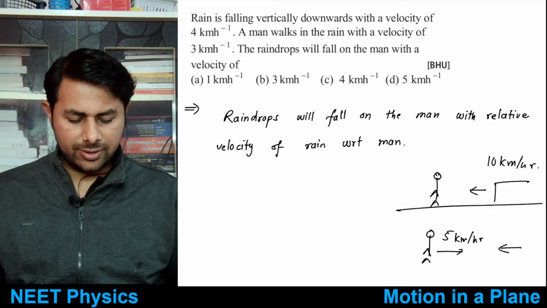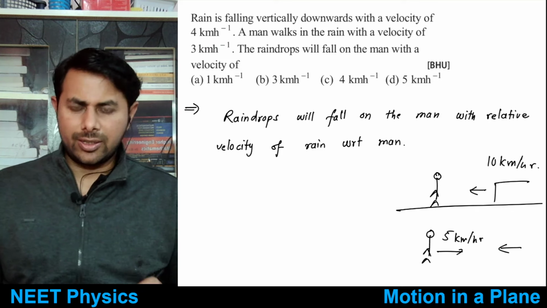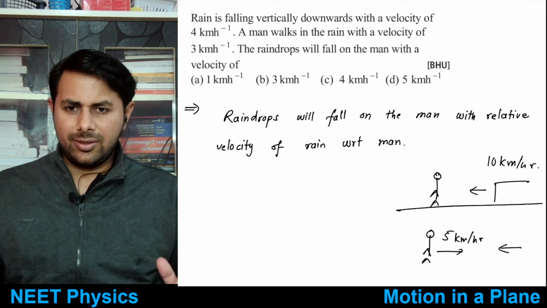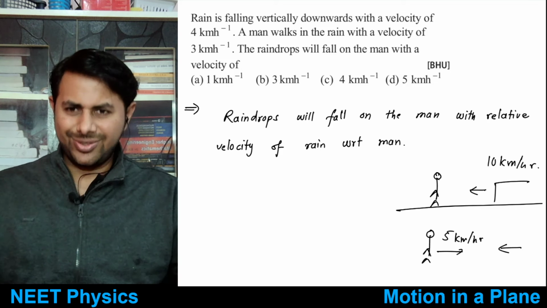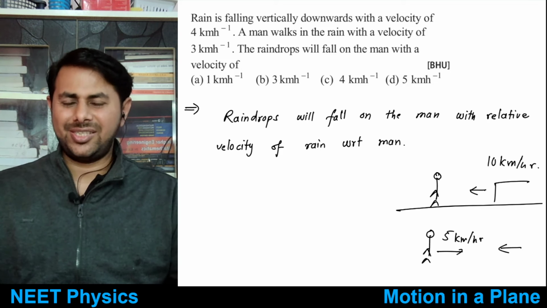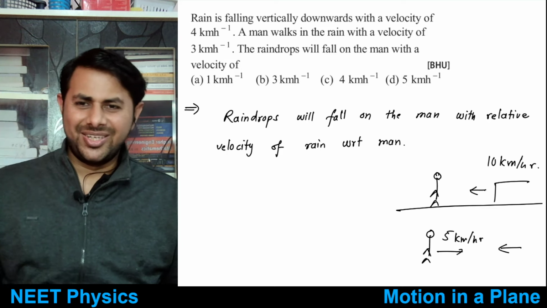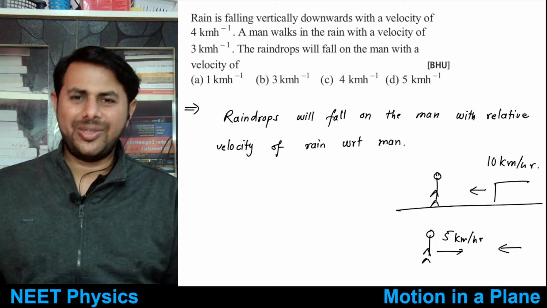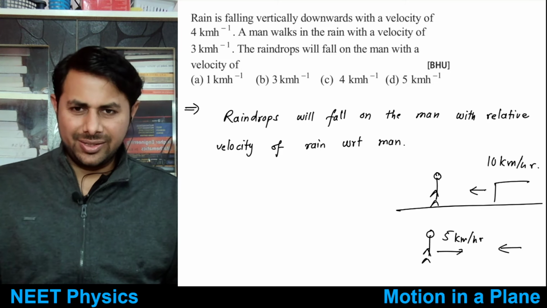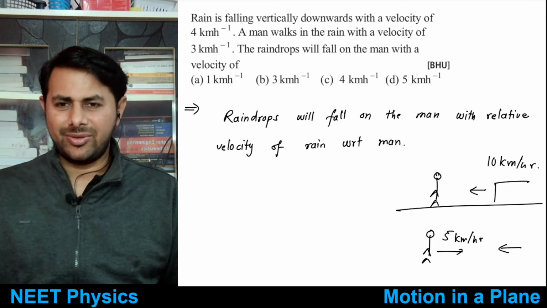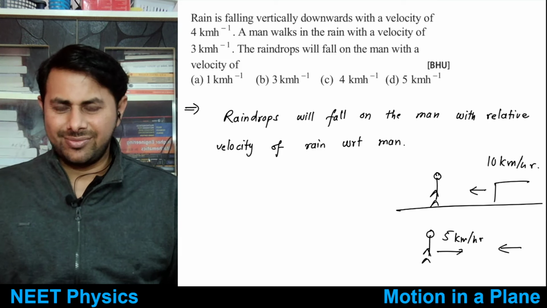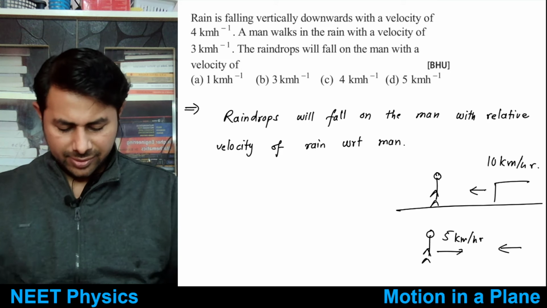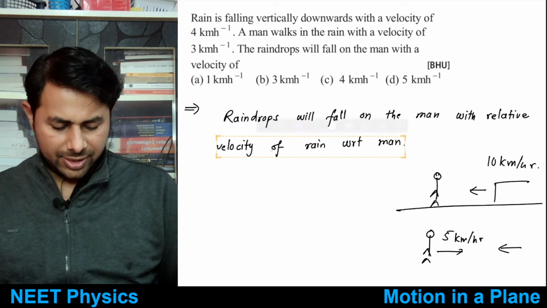Now you must have noticed this, that if you are standing in rain or you are sitting on your bike and enjoying rain, the speed seems slower, but if you start moving, then what happens? You feel that the rain is coming faster to you and its direction will also change.